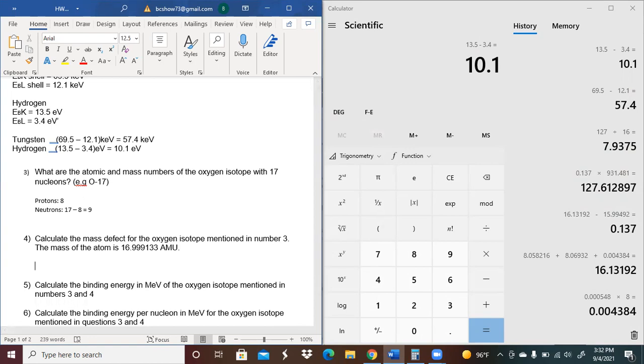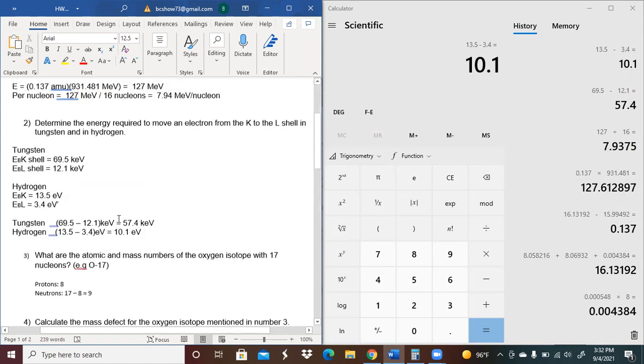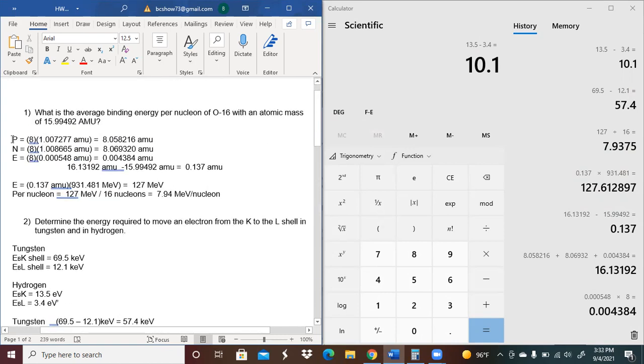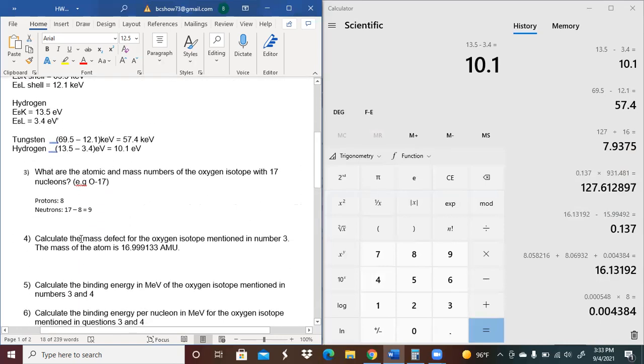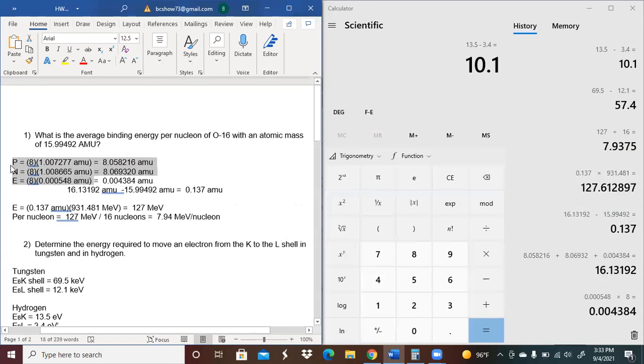So let's move on here to number 4. So we're going to calculate the mass defect for the oxygen isotope mentioned in number 3, so oxygen 17. So the mass of the atom is 16.999133 AMU. So it's very much like what we were dealing with up here.